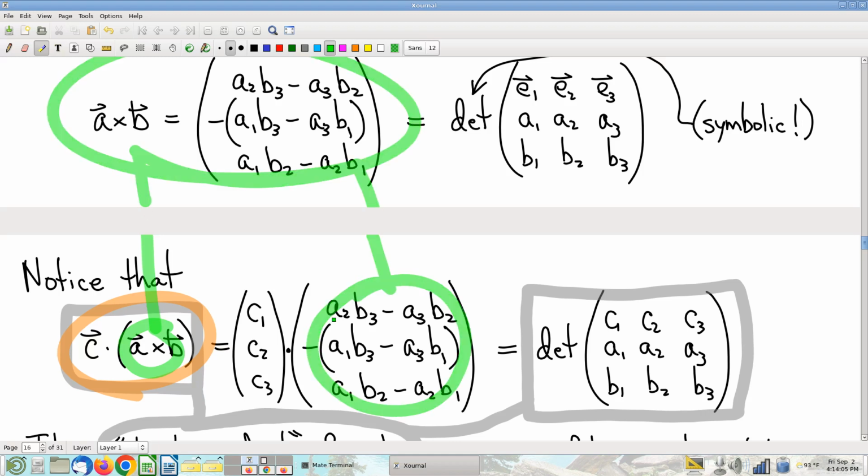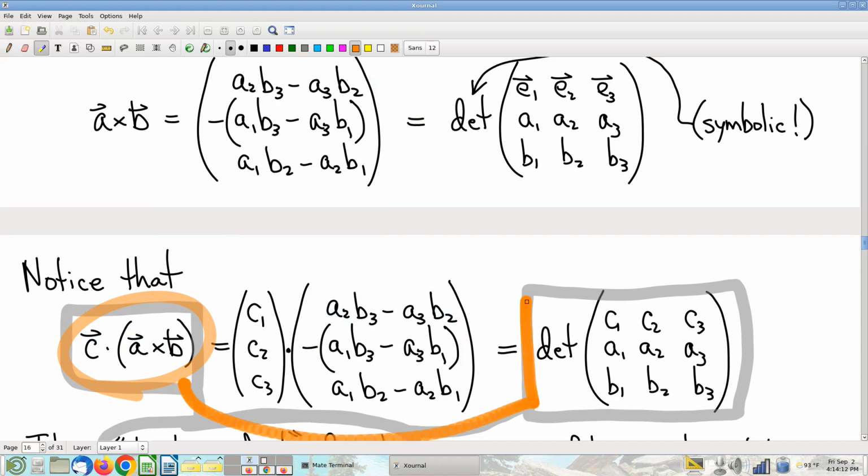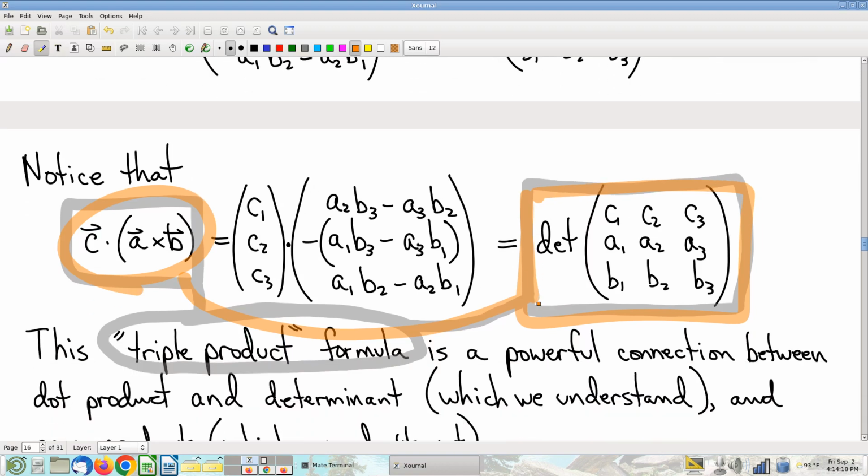If you multiply this whole thing out and compute, blah, blah, blah, what you find is that it's equal to that very convenient and simple little determinant. And notice, this is just beautiful how nicely this works. First vector, first row. Second vector, second row. Third vector, third row.